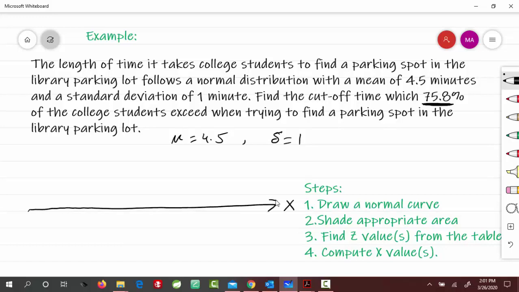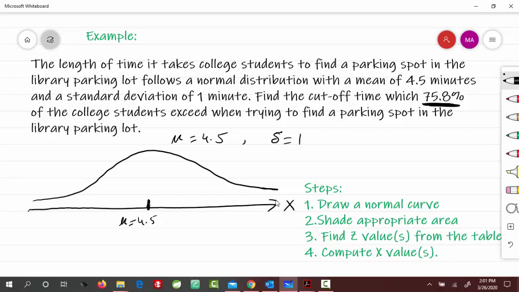This is our x value here. We have a normal curve like this, and the middle is our mu, and we have to find the cutoff point for 75.8%.